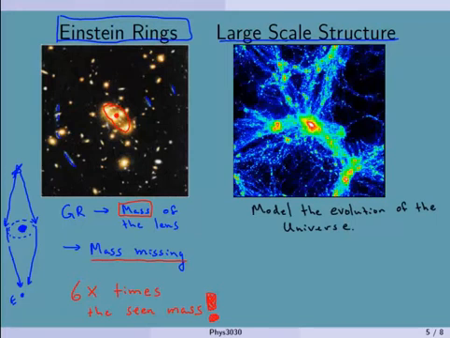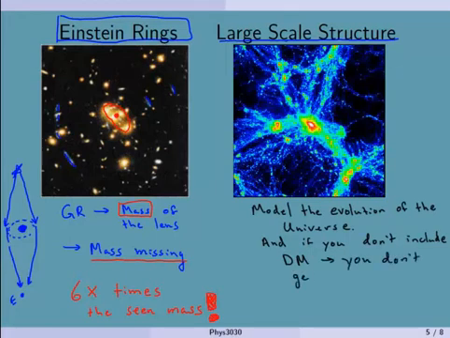You put all of that in as the initial data way back at the Big Bang, and if you don't include dark matter, then the crazy thing is, I'm going to call dark matter DM. If you don't include dark matter, you don't get today's structures.